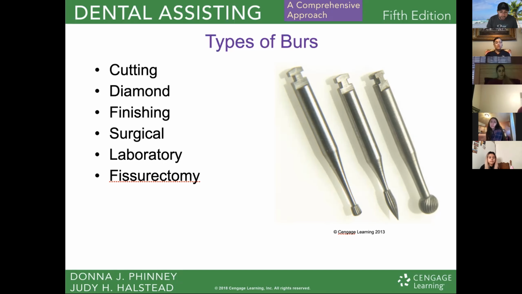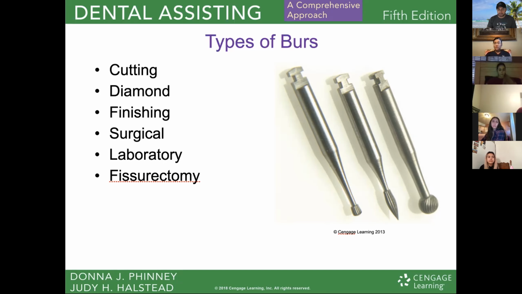Physiotomy burrs are extremely small and are usually used to explore the occlusal surface to treat and diagnose while maintaining tooth structure. Let's say a person has really deep, groovy anatomy, or sharp grooves in their teeth, and they're starting to get decay.